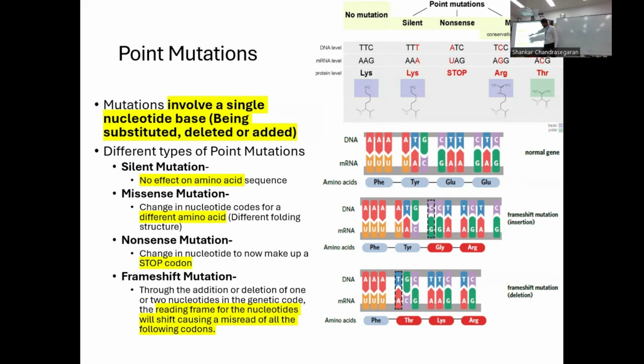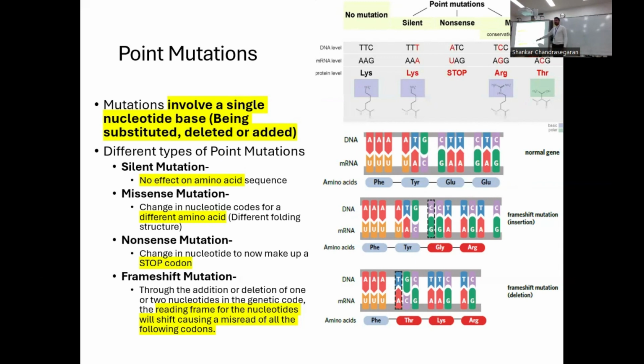A missense mutation, sometimes that can be advantageous as well. Basically, by changing that one amino acid, maybe it can make the protein better at its function. There is no telling what type of missense mutation that might be. There's so many versions that can occur that some can actually be advantageous as well.